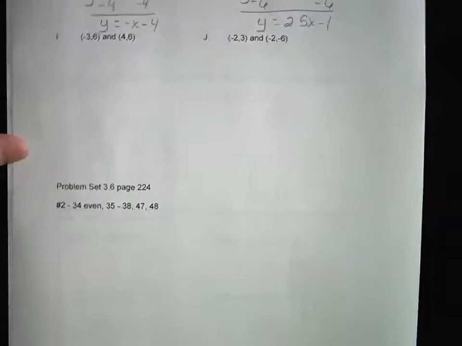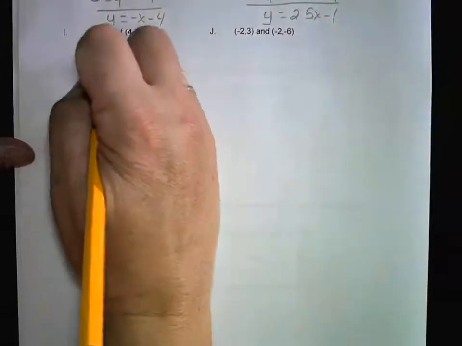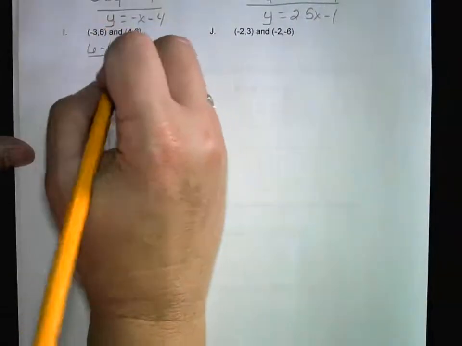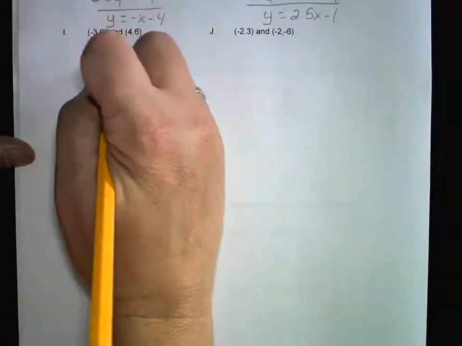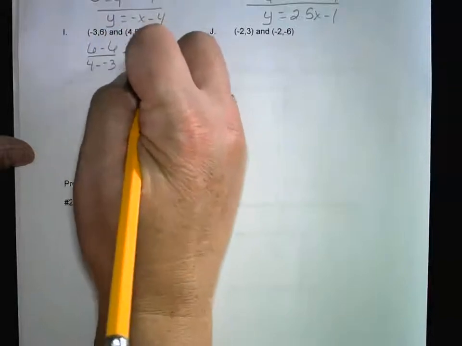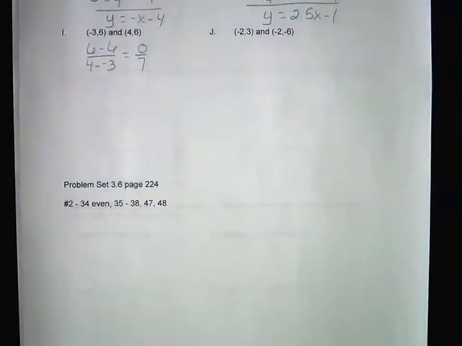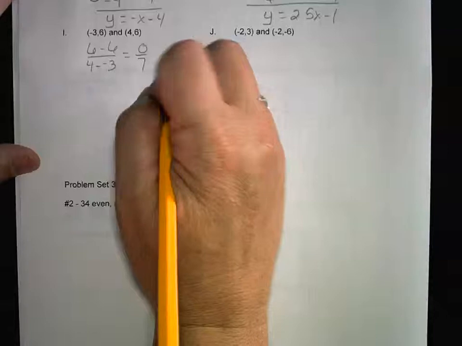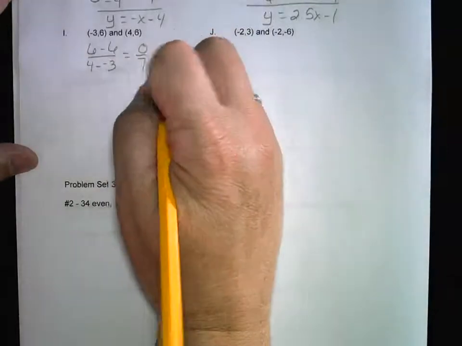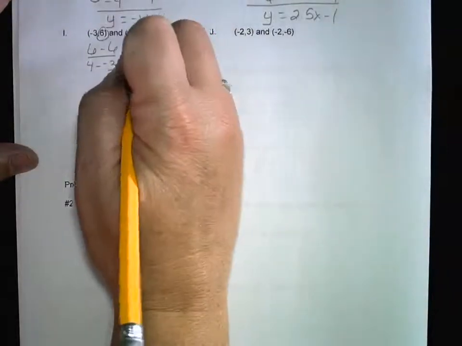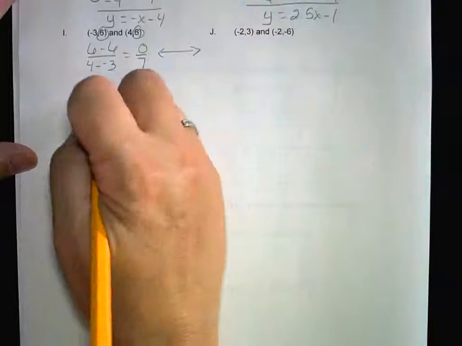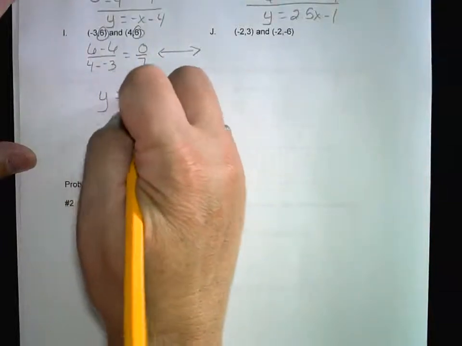Letter I, 6 minus 6 over 4 minus a negative 3 becomes 0 over 7. 0 is a horizontal line, and you see how those are both the same. Those are your y coordinates, so that will be y equals 6.